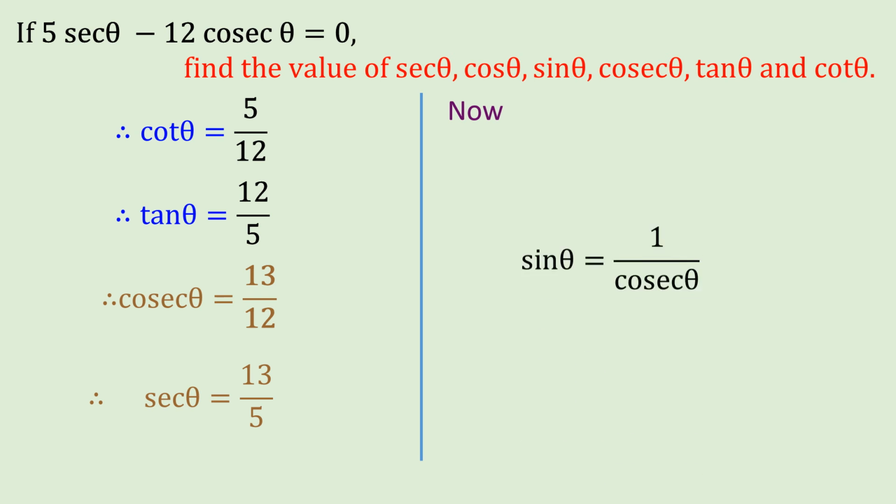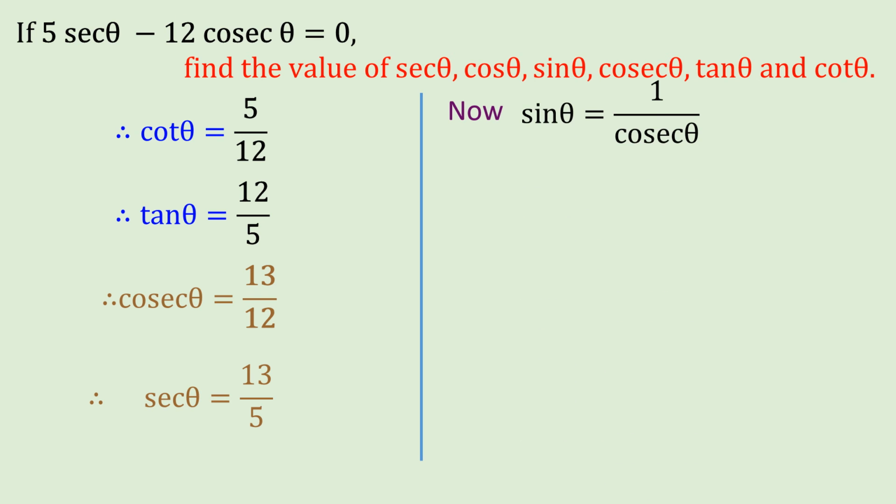We need to find out sine. So sine equals 1 upon cosec theta, again from the previous video. Sine theta equals 1 upon cosec theta, or cosec theta equals 1 upon sin theta. Therefore, the same can be written as 1 divided by cosec theta.